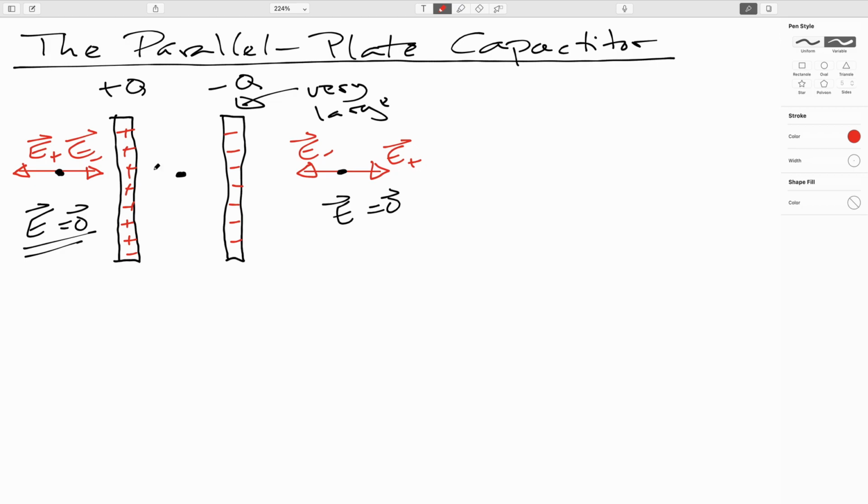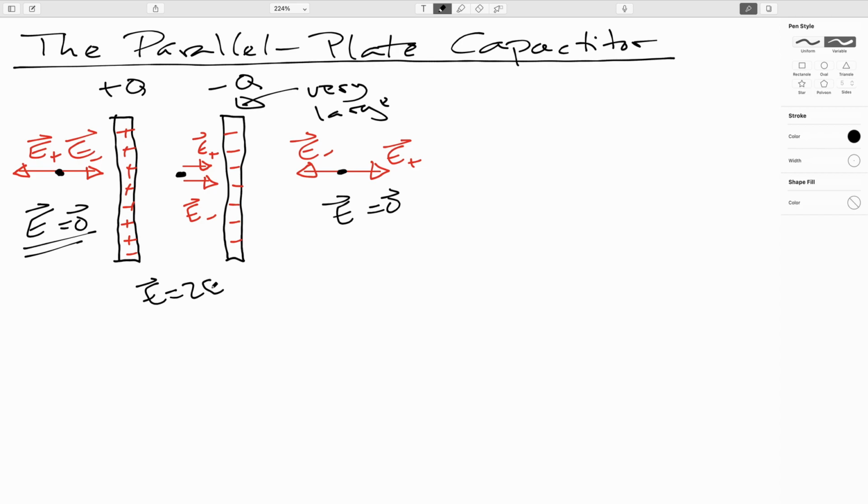The positive plate will be giving us an electric field contribution pointing to the right in this location, because the electric field will point away from a positive source charge. And since it points towards negative source charges, the contribution to the electric field from the negative charge will also be to the right.